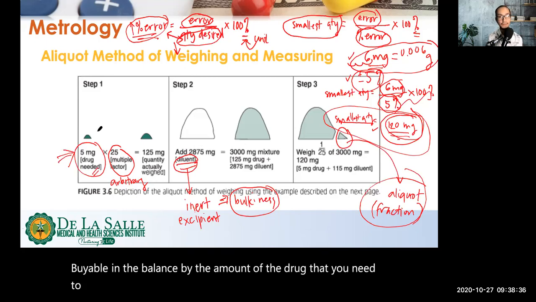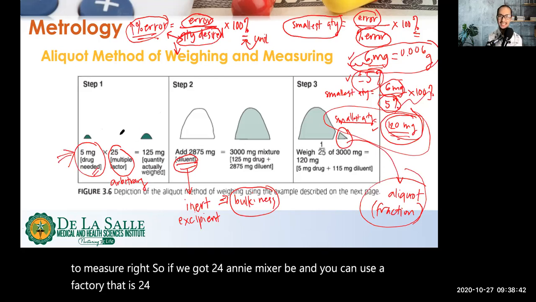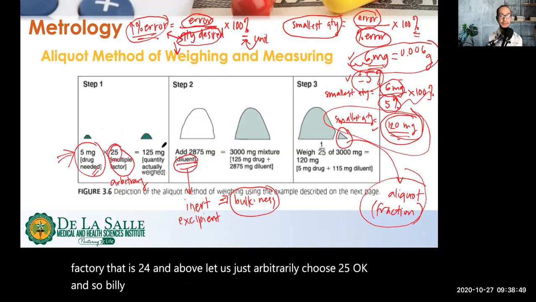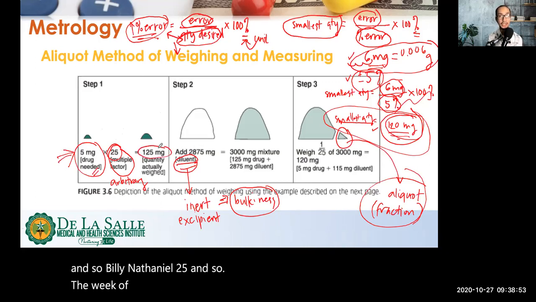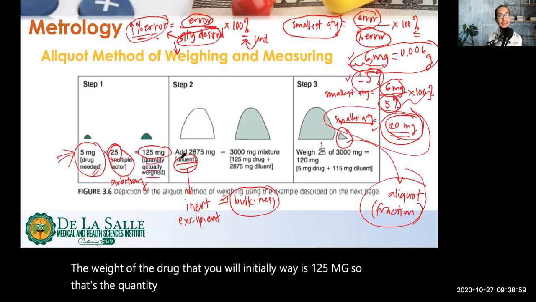So if we got 24, it means you can use a factor that is 24 and above. Let us just arbitrarily choose 25. So the weight of the drug that you will initially weigh is 125 milligrams. That's the quantity of the drug that we will weigh.